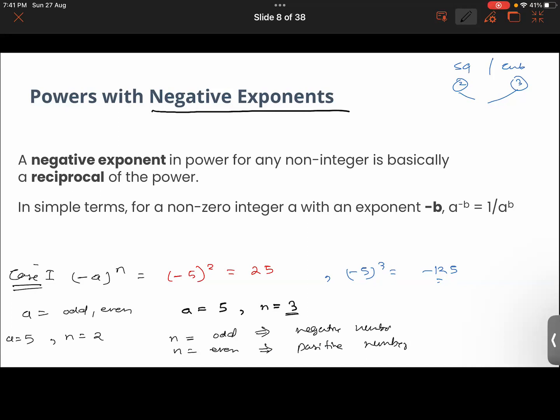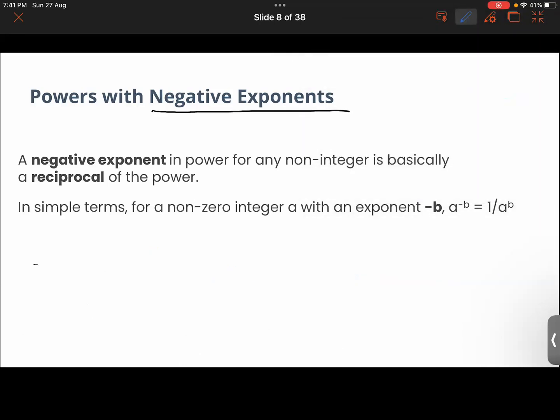In numbers which are like this, minus a, raised to the power n, the resultant value will depend upon n. Whether n is odd or even will determine whether the number will be positive or negative.